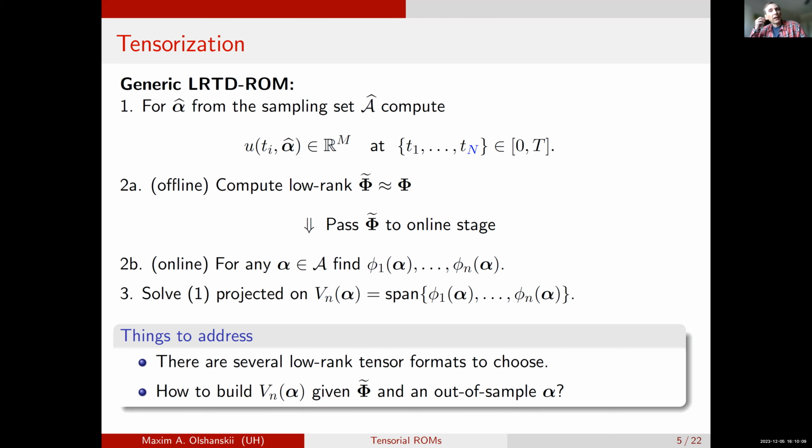And how to build the parameter-dependent ROM space if we have this low-rank tensor approximation for any out-of-sample parameter. So I will start with addressing the second question, because how we do this really doesn't depend on the particular low-rank tensor decomposition that we use.